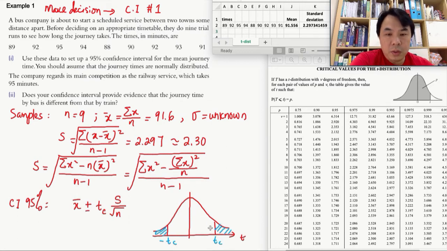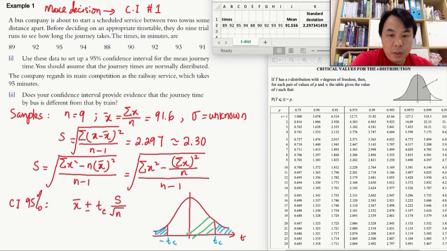Now, in order to obtain this critical value, from the table that we are given in your data booklet, it shows us that this is the region that they are referring to whenever you are reading the information from the MF19 data booklet here. Because of this setup, we have to figure out this area.